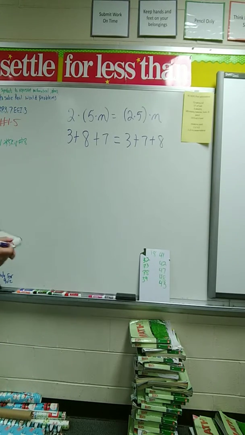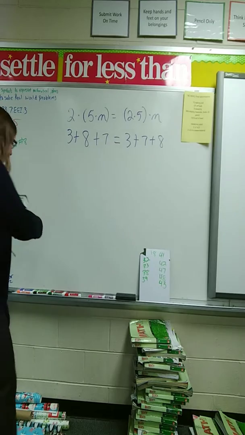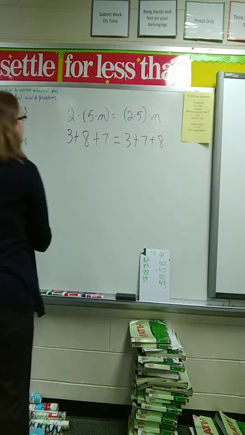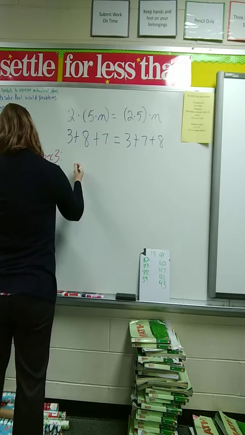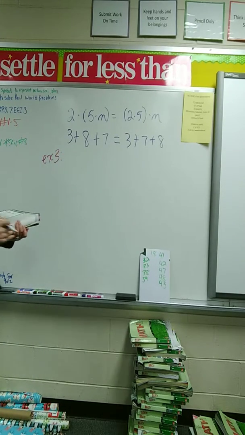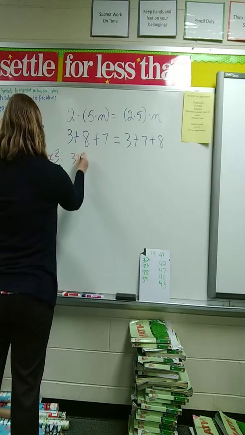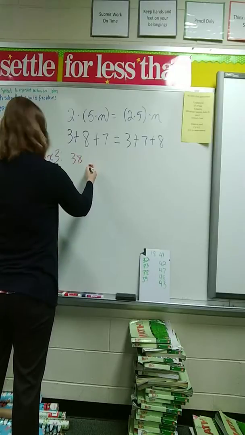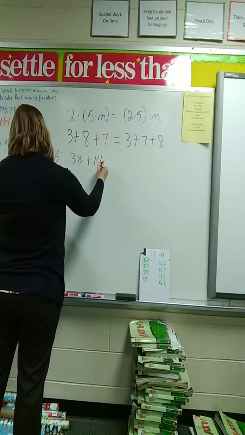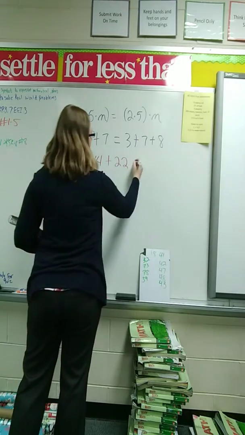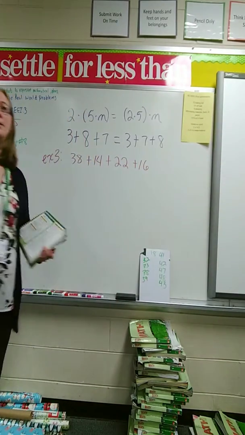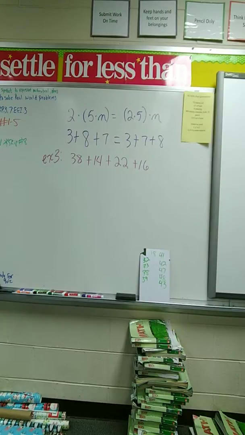So, we're going to look at example 3. Example 3 says that Elena wants to buy a sweater that costs $38 and a pair of sunglasses that are $14 and jeans that are $22 and a t-shirt that's $16. How much is she going to spend?